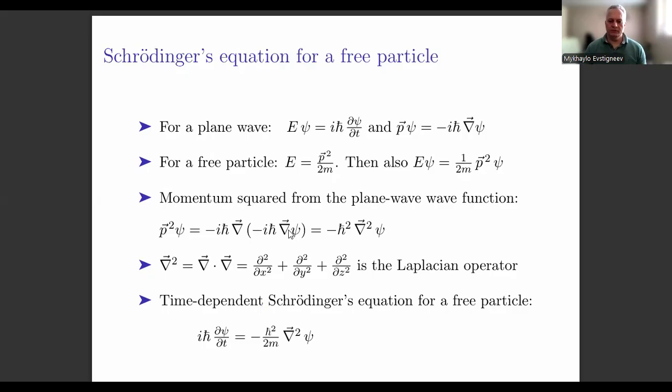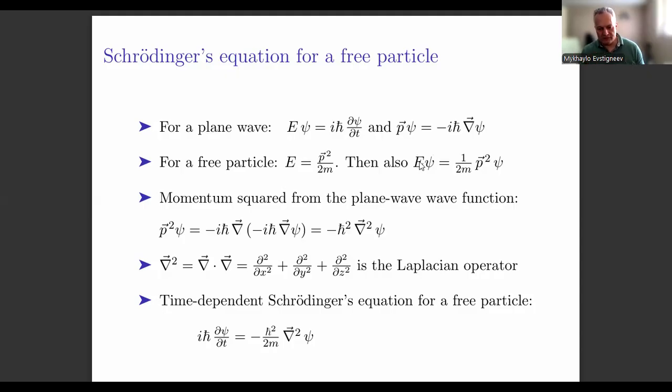Now we need a 3rd piece of information, namely the relation between the energy, which is related to the time derivative of the wave function, and the momentum, which is related to the space derivative, the gradient of the wave function. This relation is the usual energy-momentum relation for a free particle. Energy is momentum squared divided by twice the mass of the free particle.